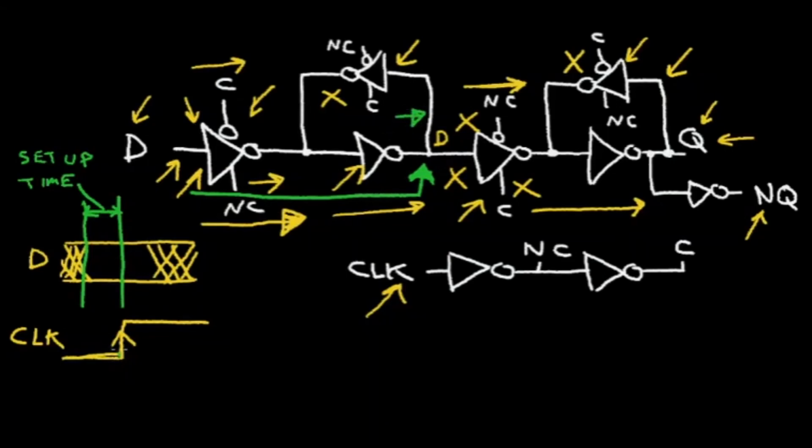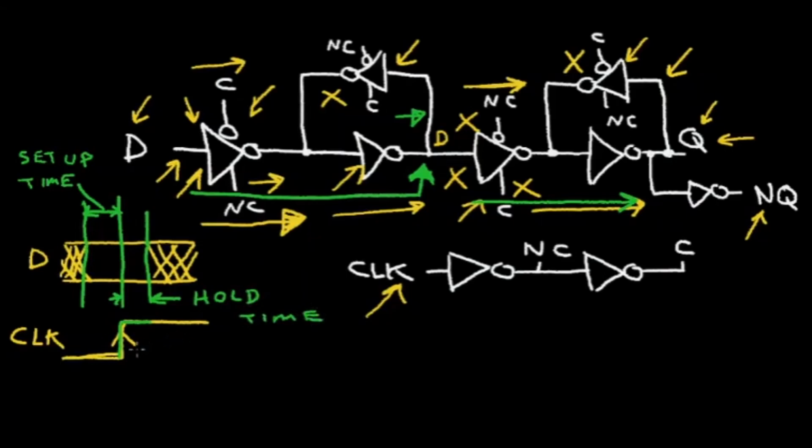And then my clock can change to a high level and allow the data to propagate through to Q and not Q. I also have another timing requirement that's called the hold time. So the data has to remain stable for a short time after the clock signal goes high. And this is called the hold time.